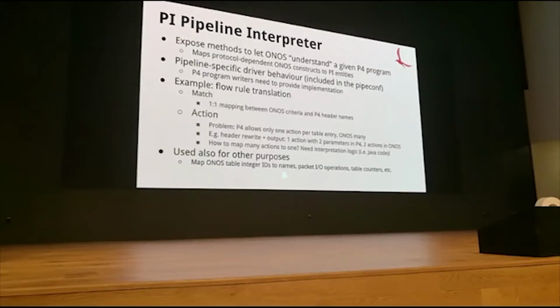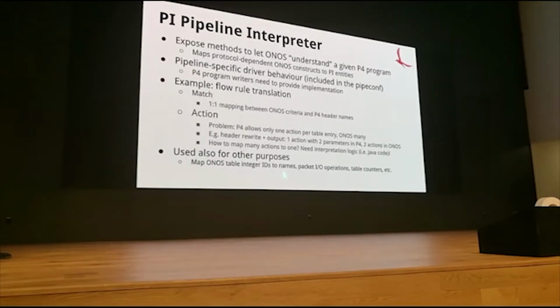For the actions, it's a little bit different because the problem here is that P4 allows only one action to be executed for each table entry, while OpenFlow, and that's ONOS, allows for multiple instructions for each table entry. Take the example of an action that does both header rewrite and forwards the packet on a port.